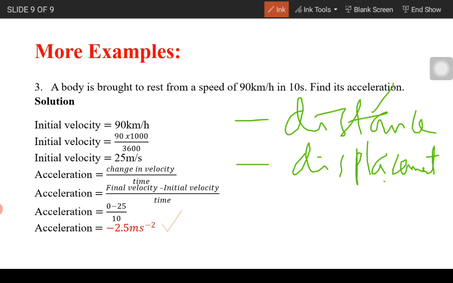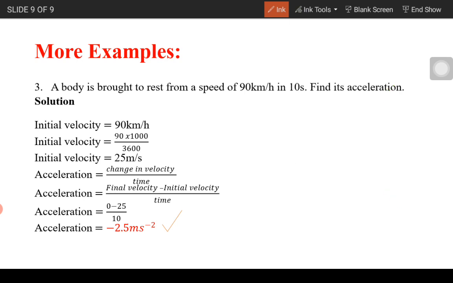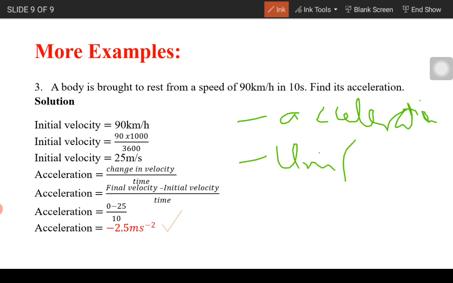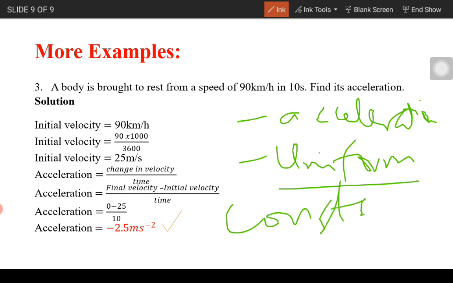This is scalar, this is vector. Then acceleration, which we have just looked at. Then the other words are uniform velocity, uniform speed, uniform acceleration. Whenever they talk of uniform, just ensure that you attach the word constant in your definition. The other words remain the same.